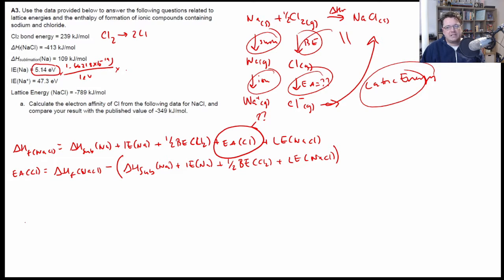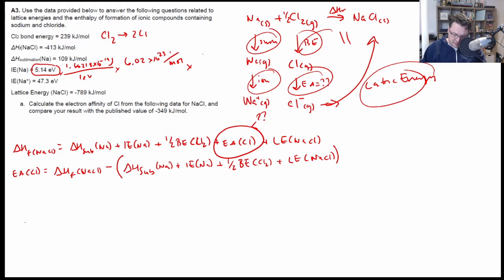When we give the ionization energy, it's typically per atom. So we want to convert that into per mole. For that, we simply multiply by 6.02 times 10 to the 23rd per mole, and that should give it to us in joules per mole.